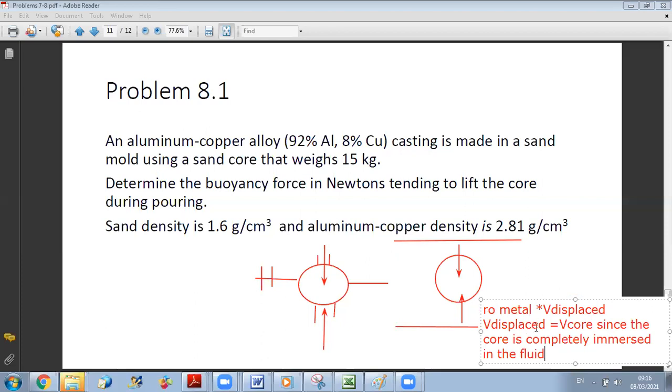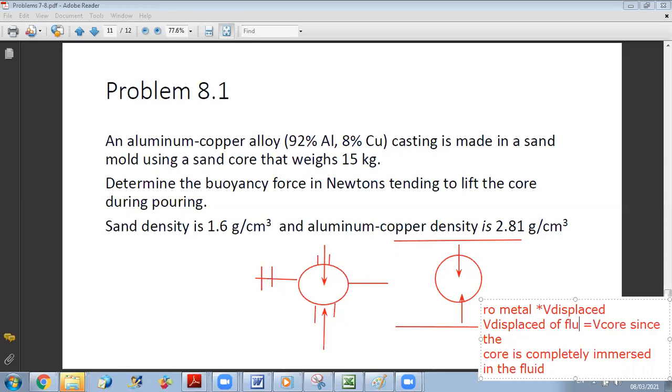Of course, when we talk about displaced volume, it is the displaced volume of the fluid, because when you put the core, it will take the place of the fluid. So this is V displaced of fluid. And here, what is the fluid? Here the fluid is the molten metal.